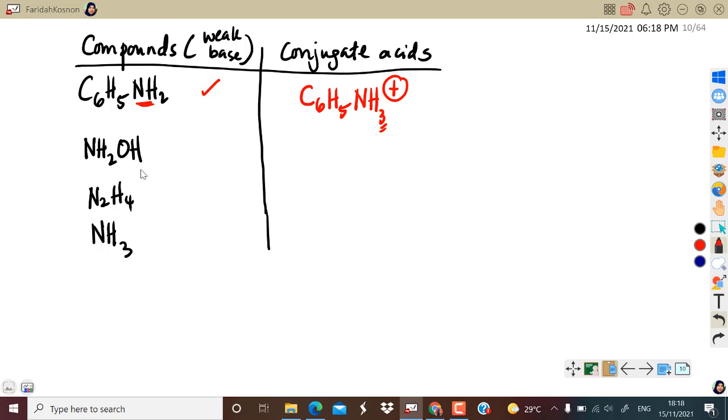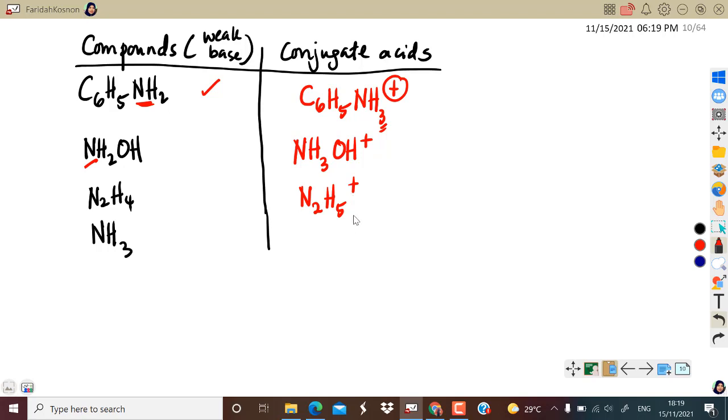Same goes to NH2OH. It will accept proton because it is a base according to Bronsted theory, dan dia akan tambahkan proton itu kepada nitrogen ini. So the conjugate acid is NH3OH plus. N2H4, it will accept a proton and it forms N2H5 plus.